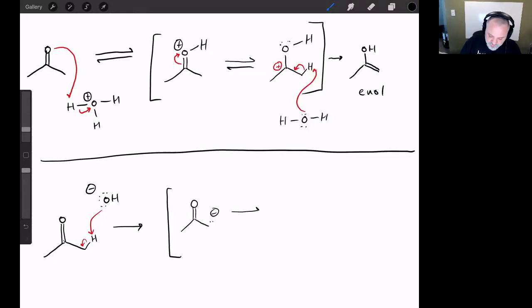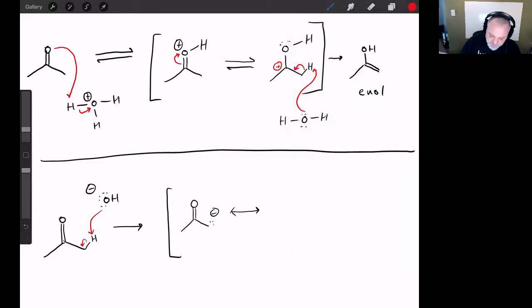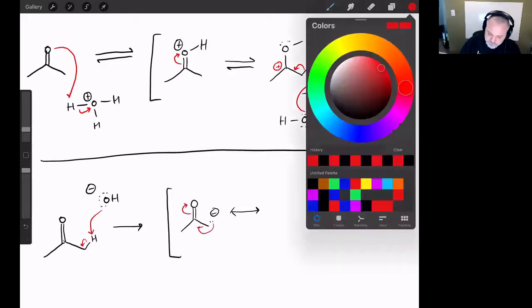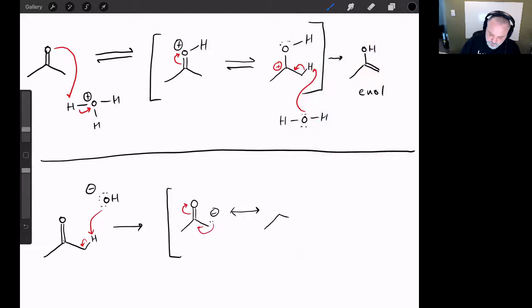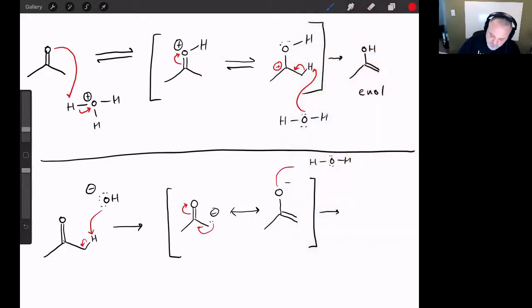And so I'll still end up with a resonance structure that has some resonance stability of the negative charge. And I form this intermediate. We're going to talk more about that intermediate in a second. Let me show the formation of the enol at the end of the day.